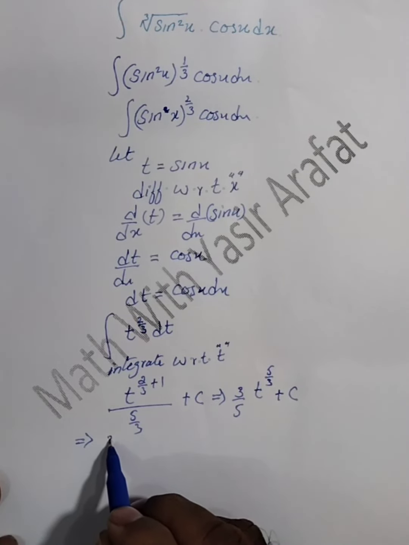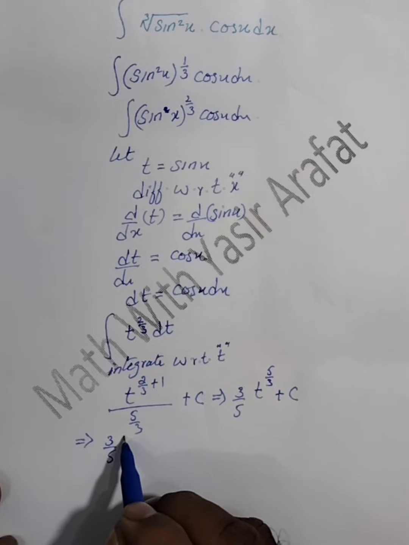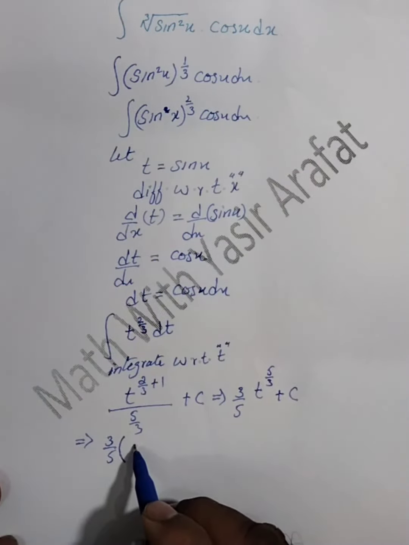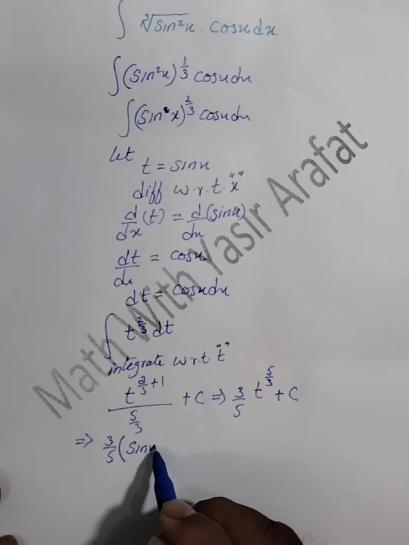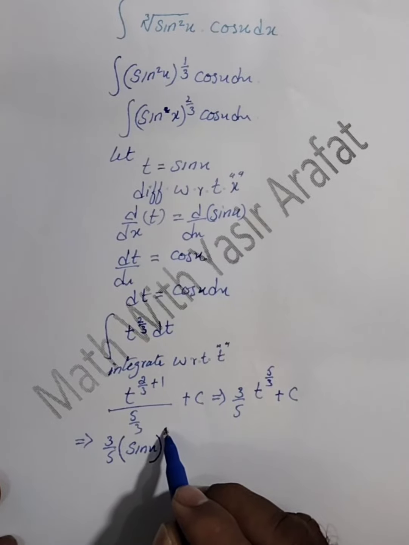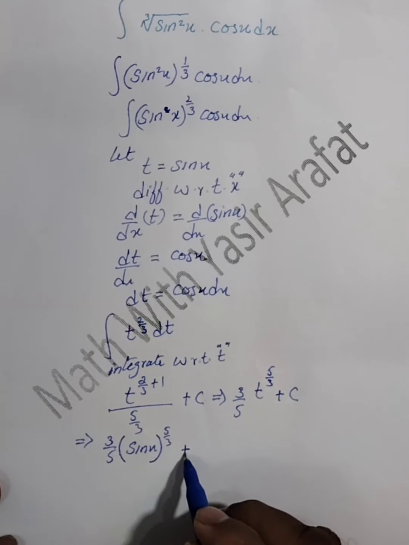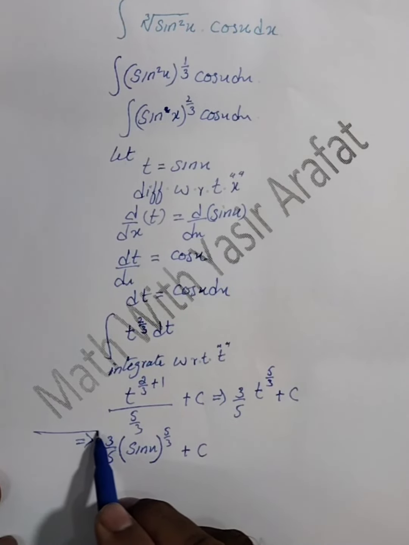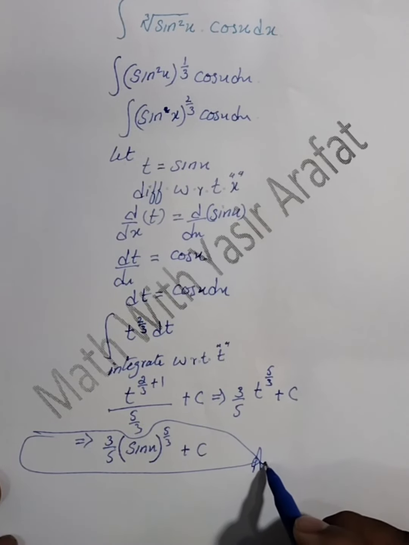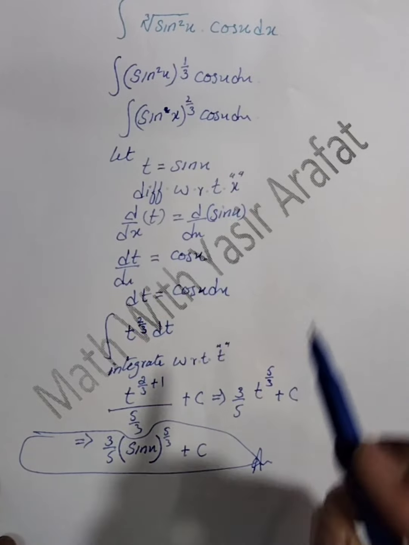That is 3 over 5, and what is t? t is sin x, to the power 5 upon 3, plus c. So this is the answer of this question.